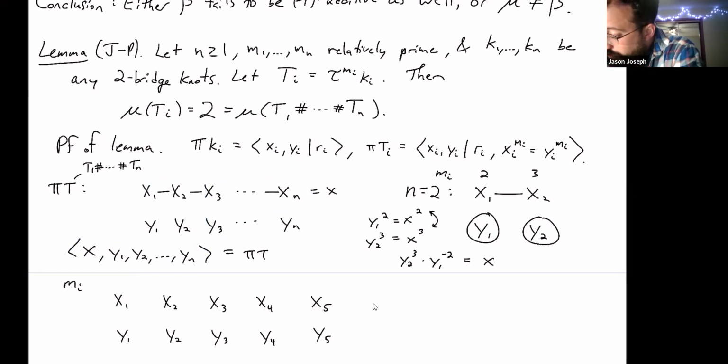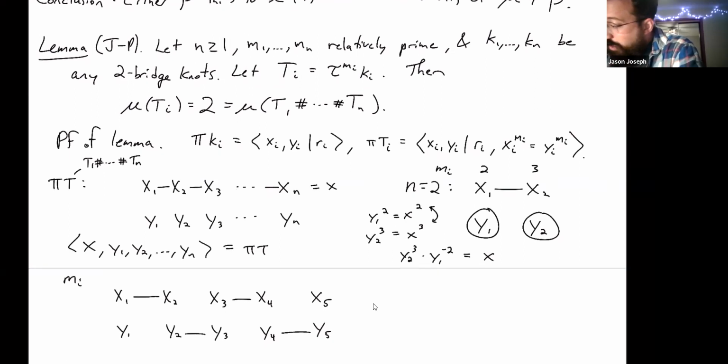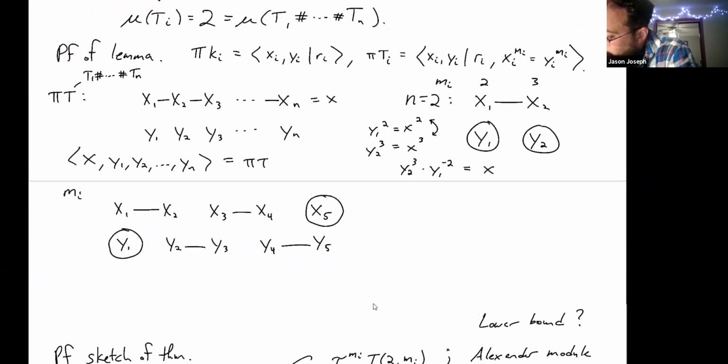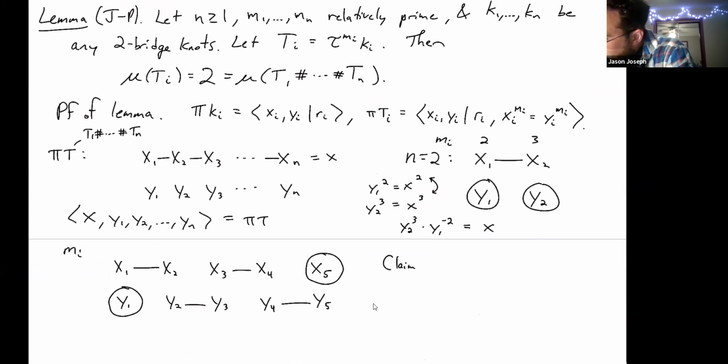So I'm going to amalgamate x1 and x2, y2 and y3, x3, x4, and y4, y5. And notice here, it was the ones being amalgamated that we could sort of get for free as a combination of the other two. So that means I should take y1 and x5 to be my generators. And so the claim is that the subgroup generated by y1 and x5 is the whole thing.